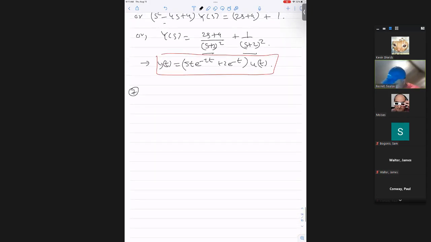So find the frequency response, both the magnitude or amplitude, same thing, okay? Amplitude and phase.